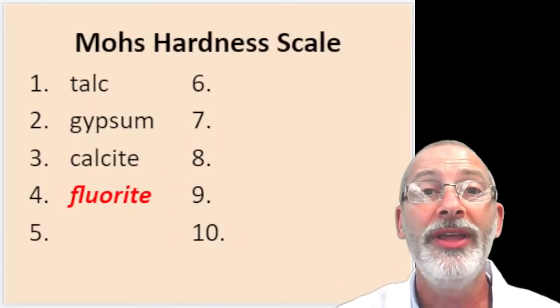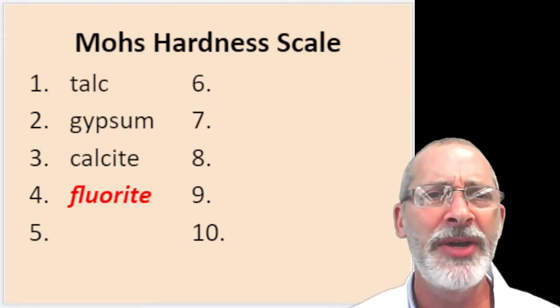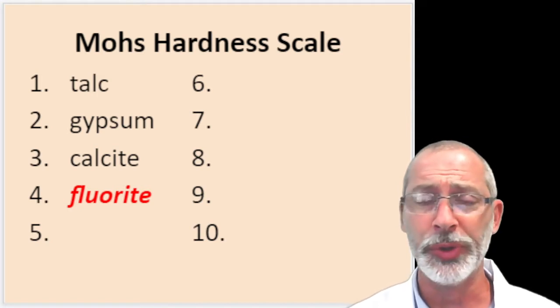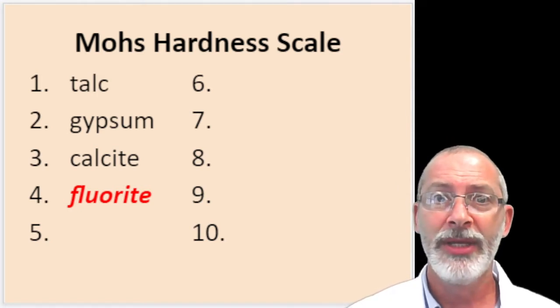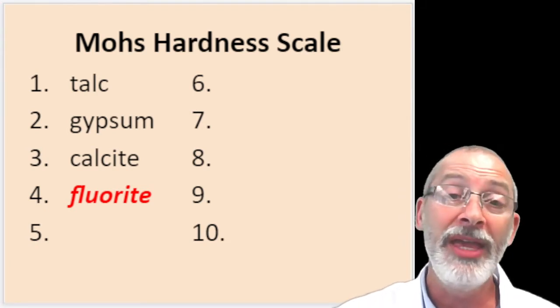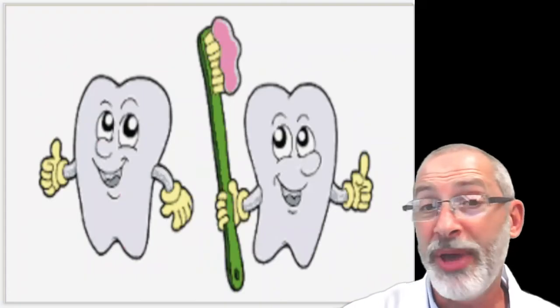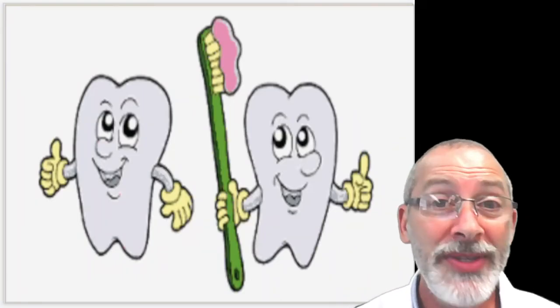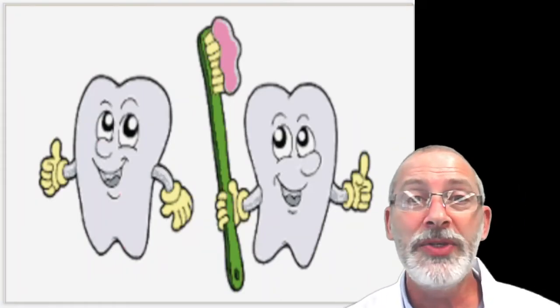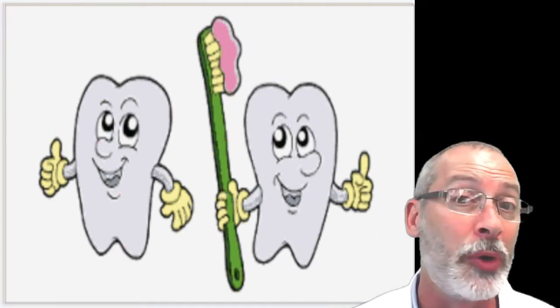Number 4 is fluorite. Perhaps that sounds familiar to you, fluorite. Does it sound like fluoride? And maybe like the stuff that's in toothpaste or mouth rinse? Well, it is because fluoride is obtained from the mineral fluorite.